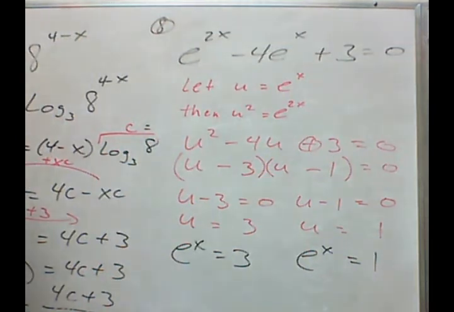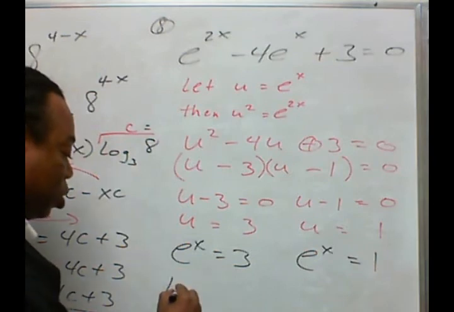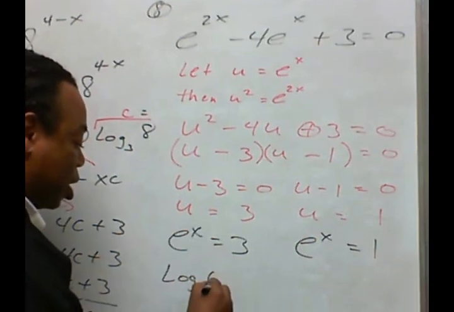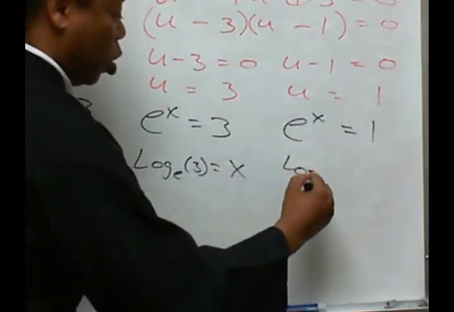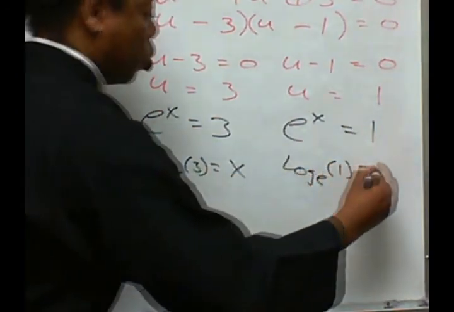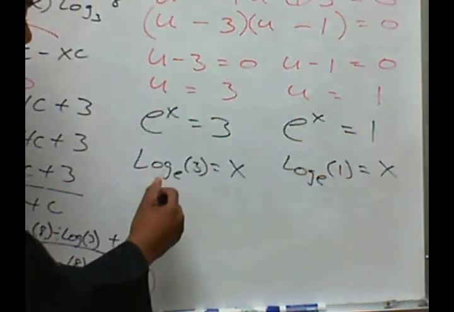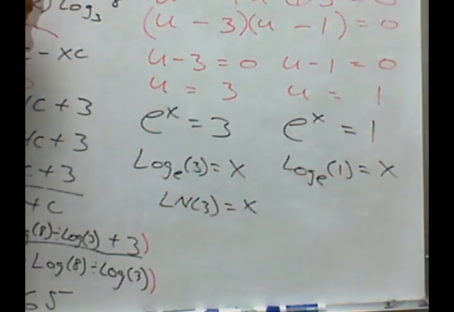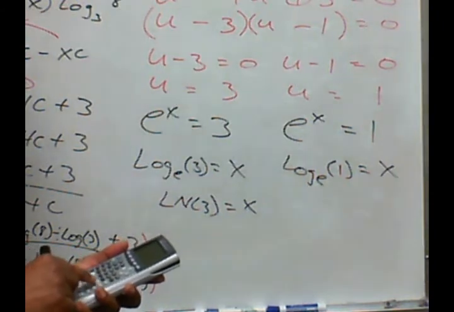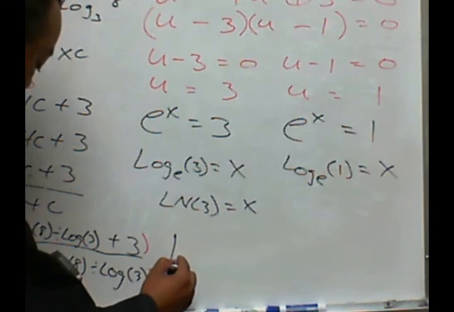Now to solve this, I'm going to convert this into a logarithm. So log base e of 3 will equal x, and here log base e of 1 will equal x. Well, a log base e is essentially the natural log. The natural log of 3 is ln 3, and that's going to be approximately 1.098.